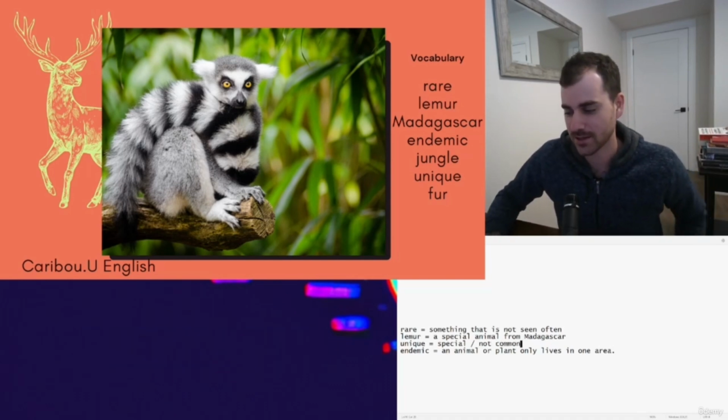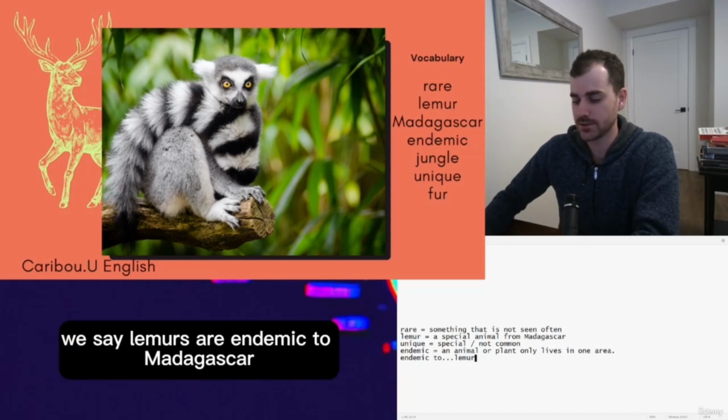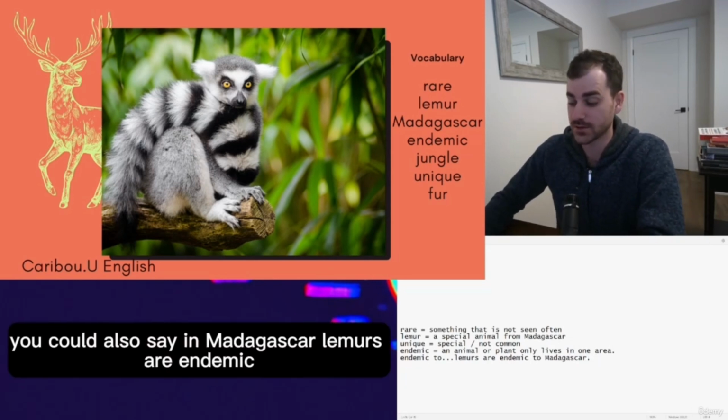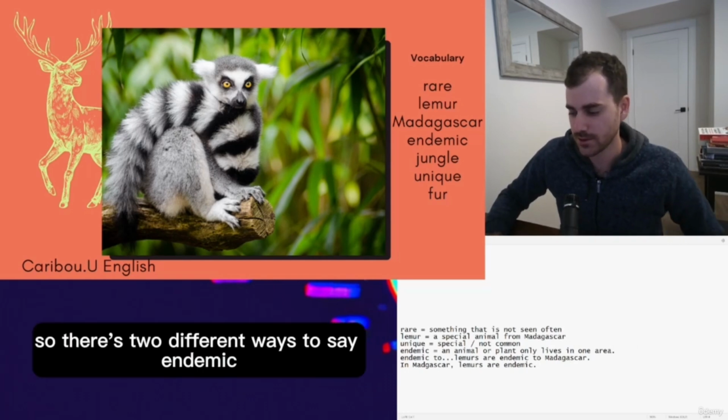And endemic, yeah, it's usually paired with "endemic to." We say lemurs are endemic to Madagascar. You could also say in Madagascar, lemurs are endemic. So there's two different ways to say endemic.